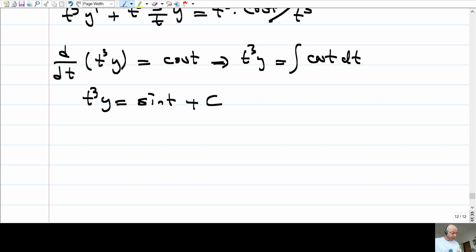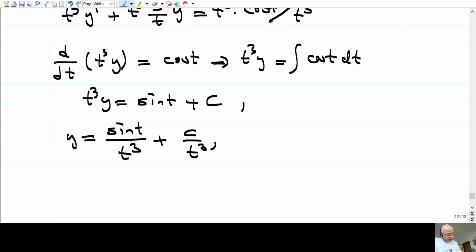plus a constant. This constant, of course, is different from the constant I used before. I used the same notation, but I hope there is no confusion. From this we see y equals sine t over t cubed plus c over t cubed.